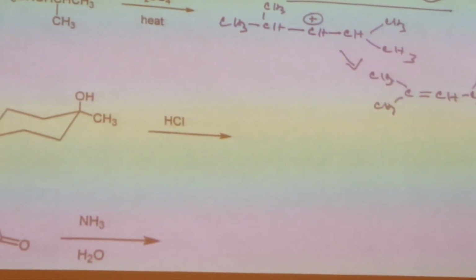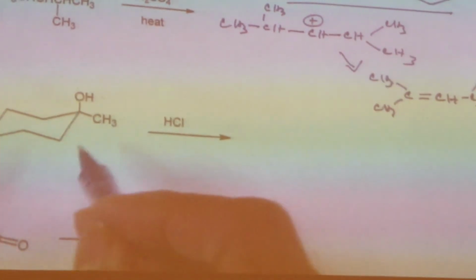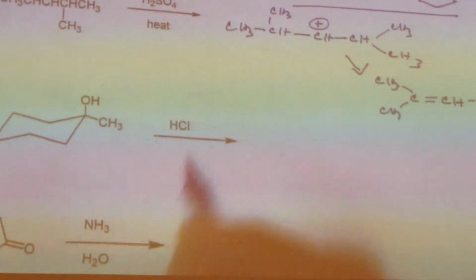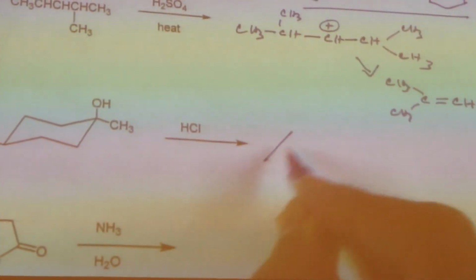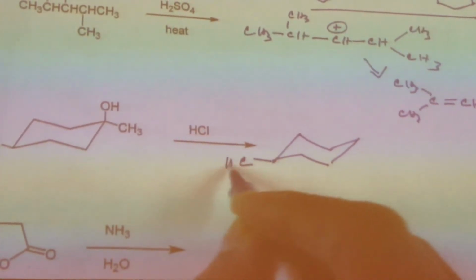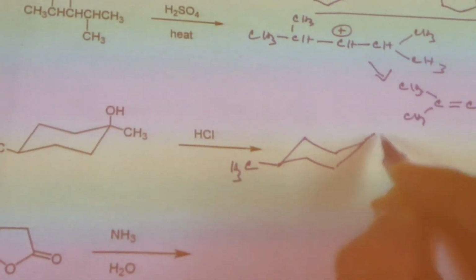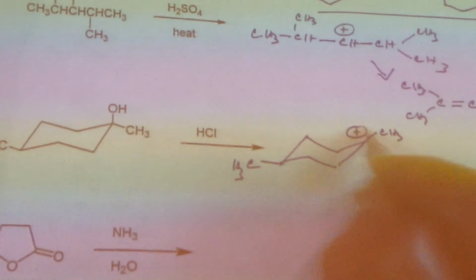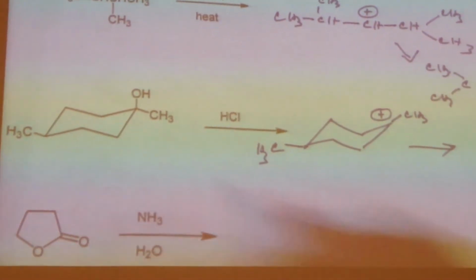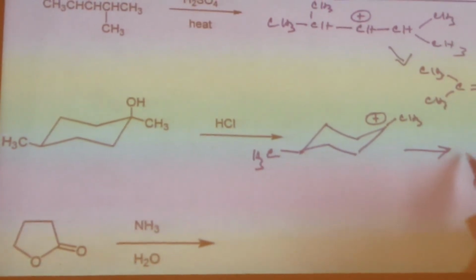This one also will give you a mixture of products because it goes through a carbocation. The oxygen is protonated, and you form the cation. That cation can be approached from either direction, and you get a mixture of the chlorides.